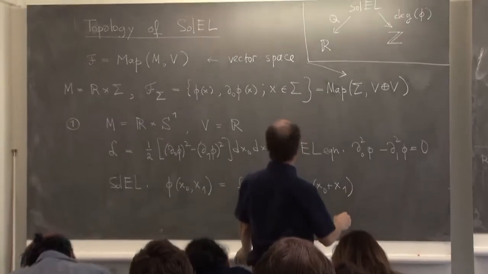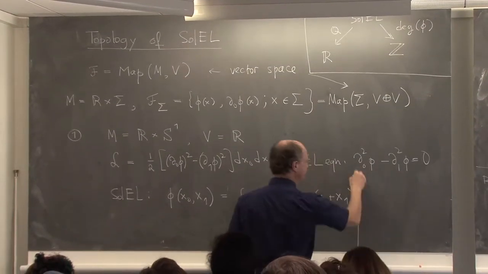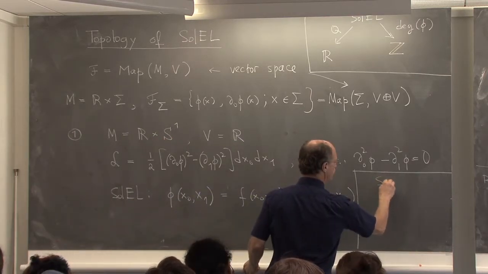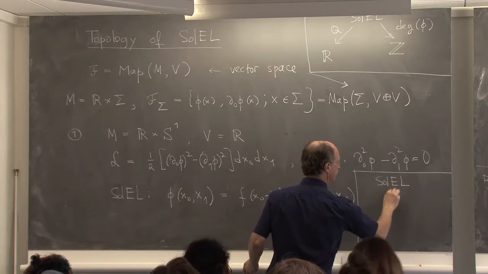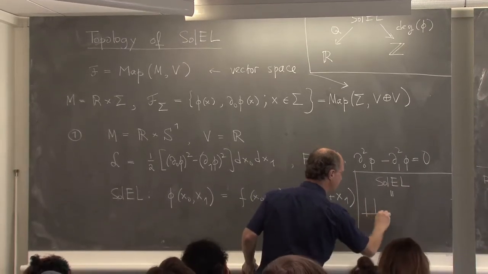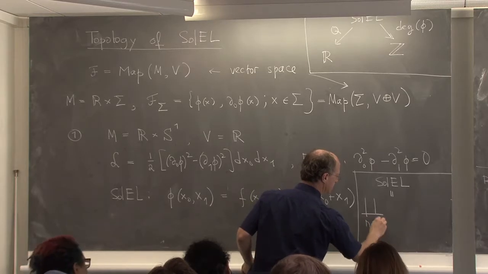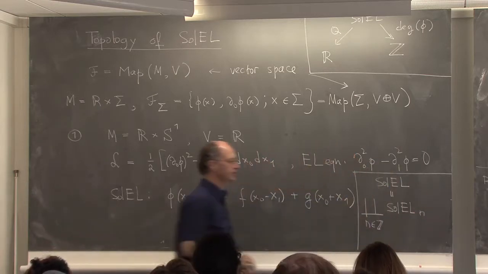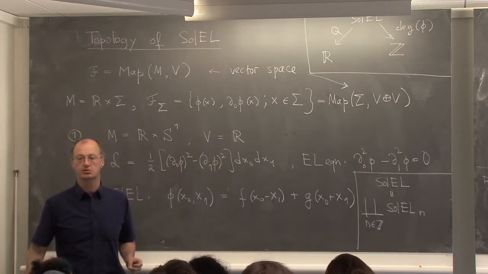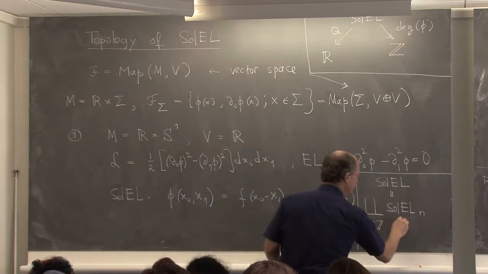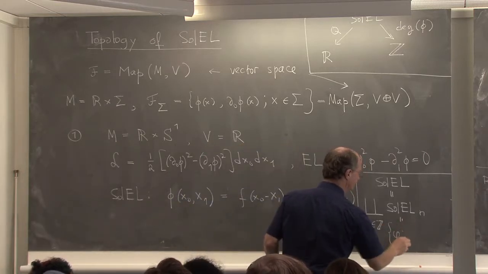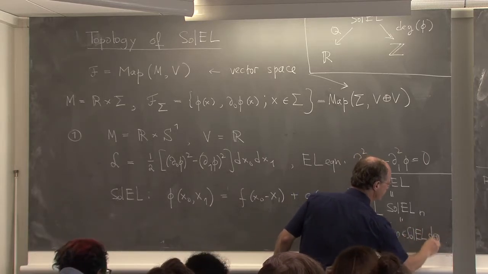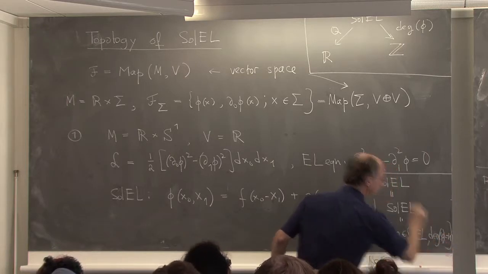And, well, I think I have one more corner. So this tells us that Sol L is a disjoint union of spaces Sol EL n, which are the phis in Sol EL with a degree of phi equal to n.